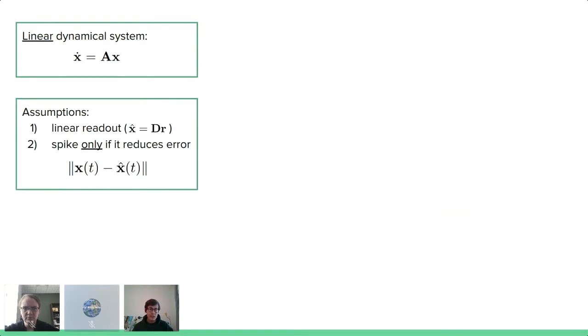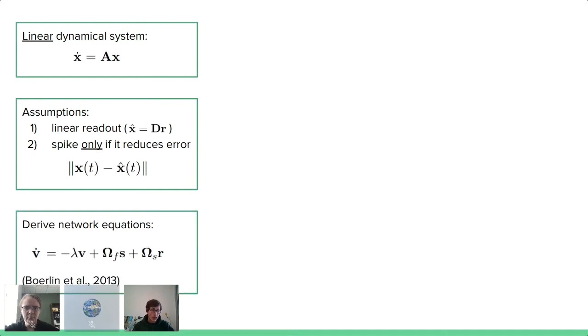And in fact, if you start from the assumptions that the readout is linear and that the network is efficient in the sense that a neuron will spike only if it decreases the error between target and readout signal, you can derive the equations of a network of spiky neurons whose output resembles the solution to the given linear dynamical system.